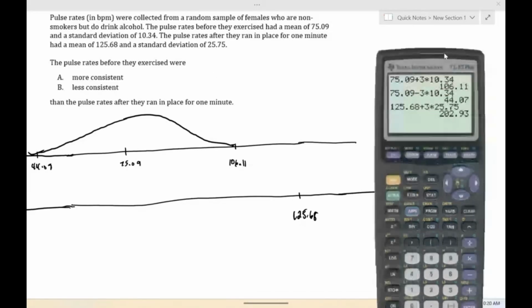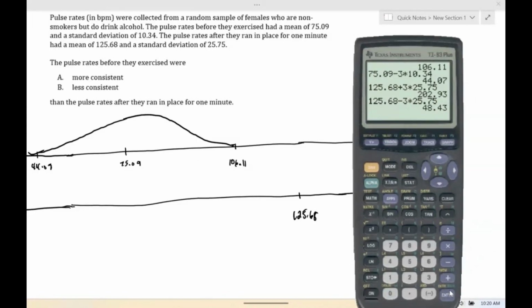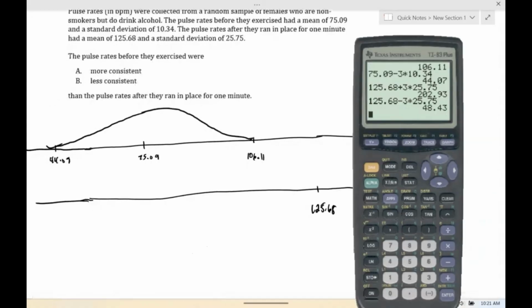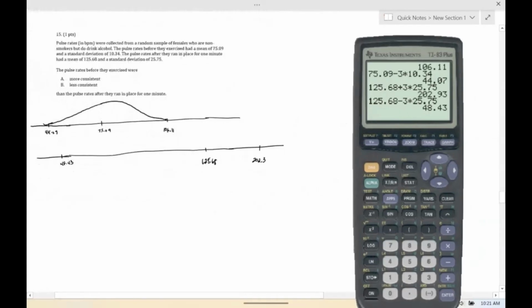I'm going to subtract 3 times the standard deviation, and that gives us 48.43, which is about here, 48.43. Which looks like this.